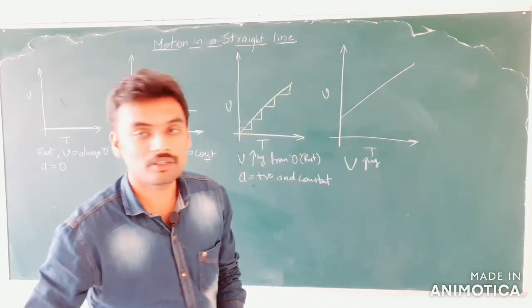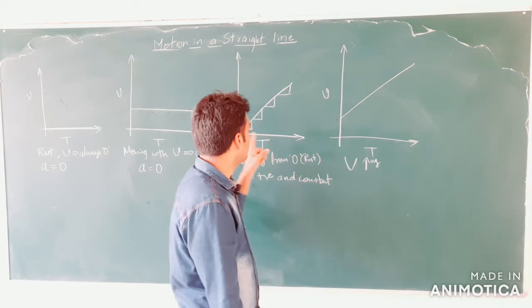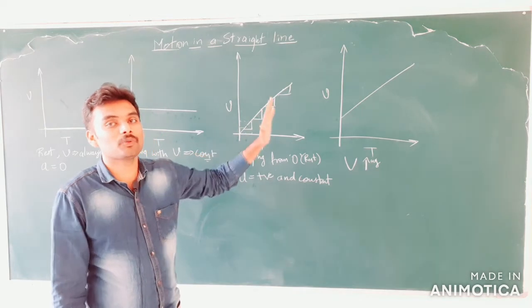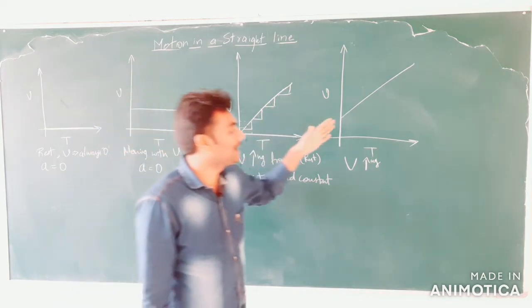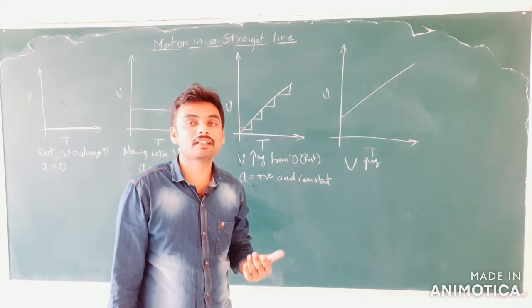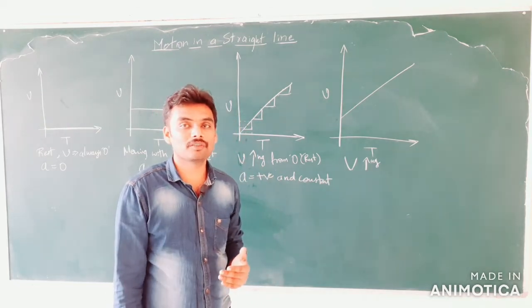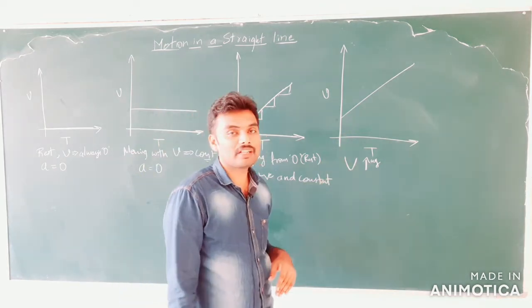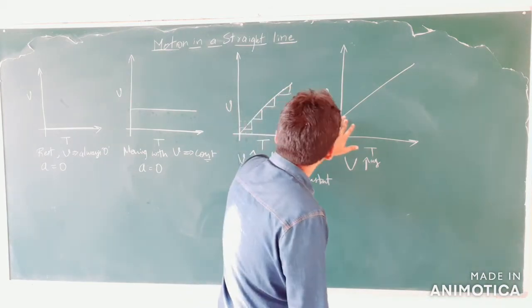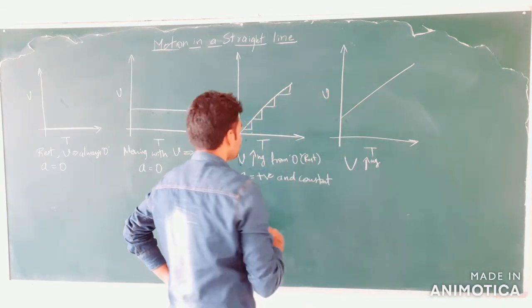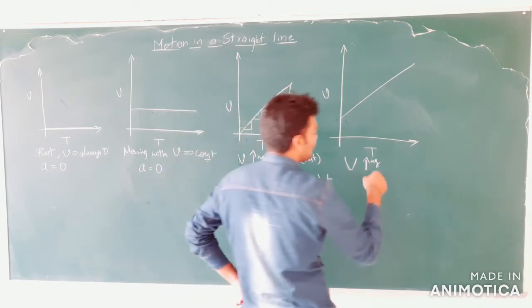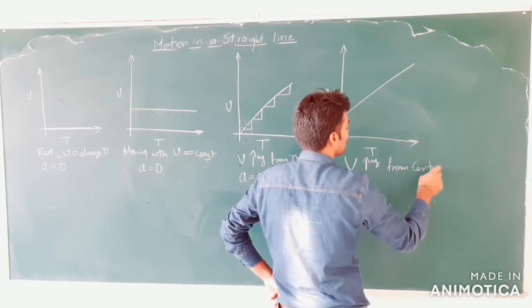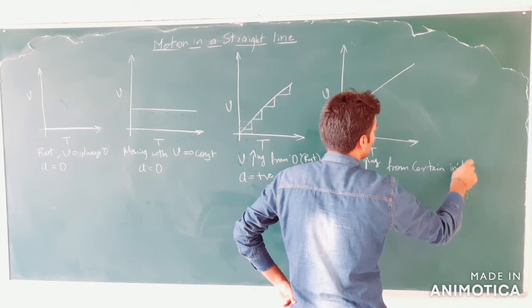So the difference between these two graphs is that in the first graph the body is moving from rest. The body just started its motion from rest when we started the observation. But in this graph, the body already had a certain velocity when we started the observation. So this is the motion where velocity is increasing not from rest, but from a certain initial velocity.